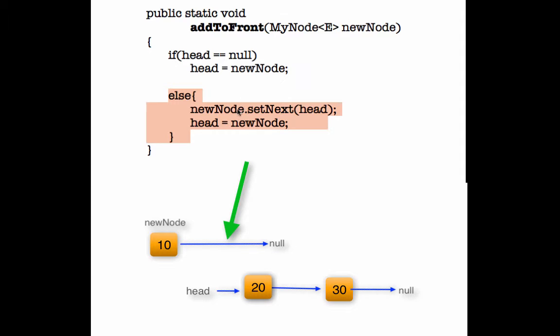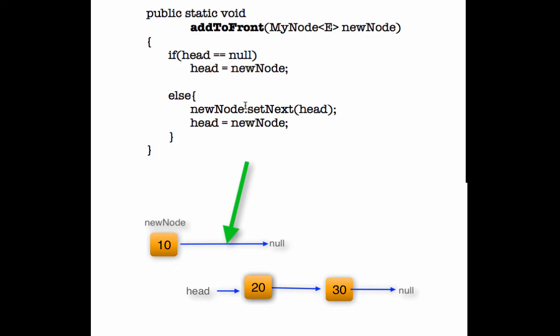So what I have to do is to say, all right, let's go to the new node. Let's access the reference that I call next and set that value to be the same value as the head. In this diagram, let's just start backwards. What is head? Head is referring to the first node, the one that has value 20. What is this next? This next is the next reference of the node that I want to insert.